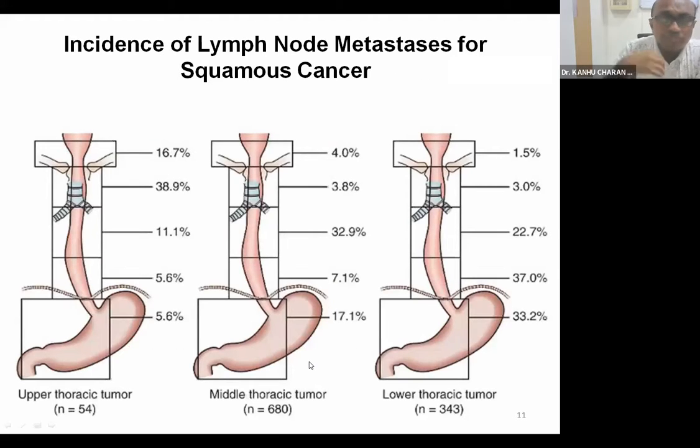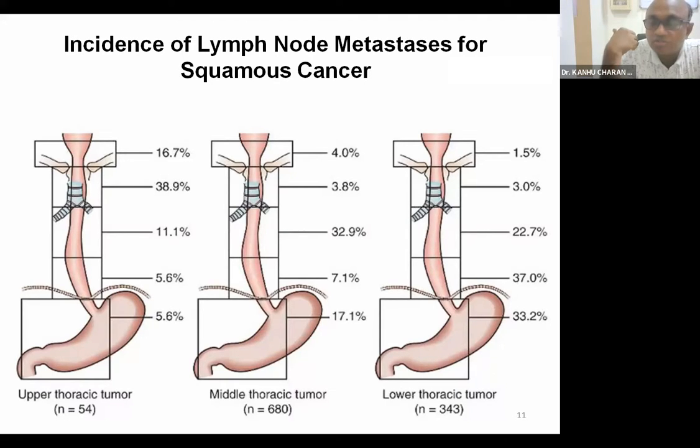And if you see, the upper esophagus mostly goes to the supraclavicular and upper paratracheal groups of lymph nodes, though there is a very small chance of going to the gastroesophageal group of lymph nodes. And slowly, if you go to the mid esophagus, mostly the mediastinal group of lymph nodes will be involved more, and the G junction, celiac, perigastric, and gastrohepatic nodes will increase.